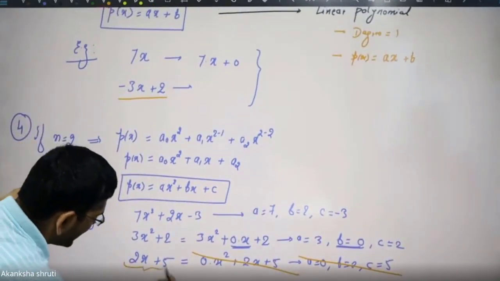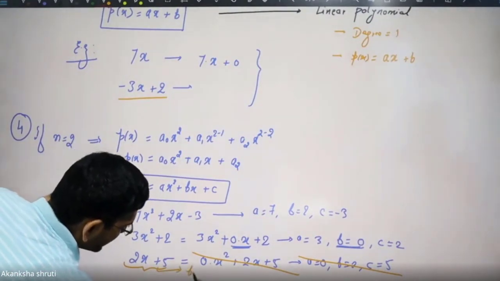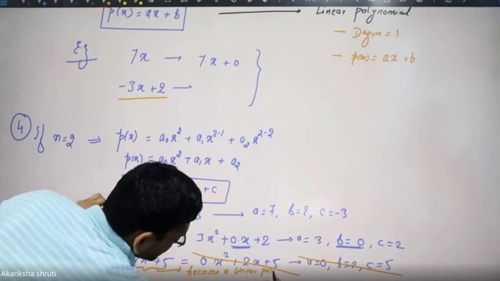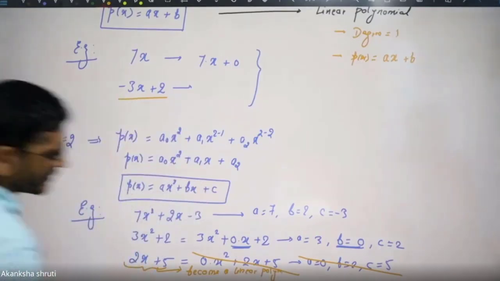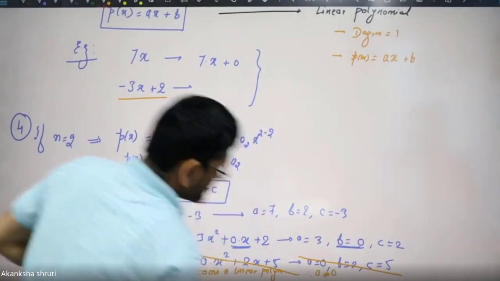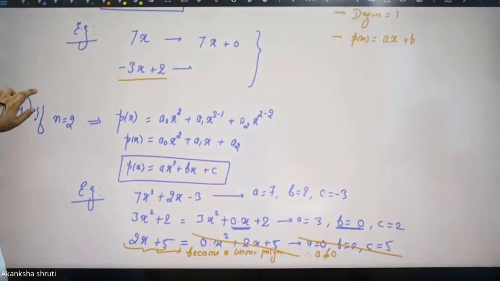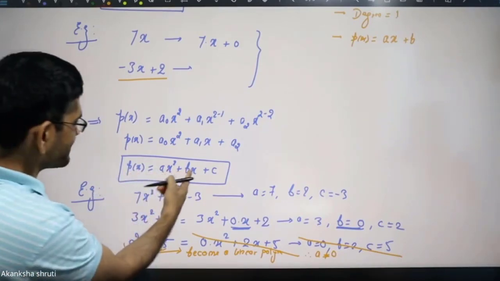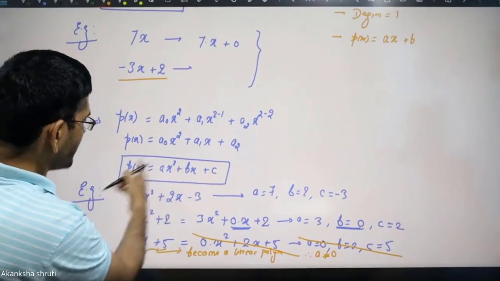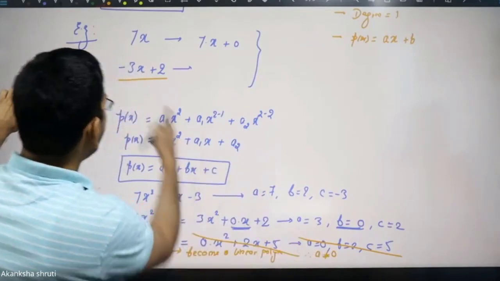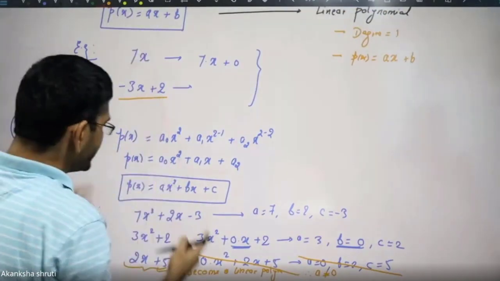Students, so keep in mind, therefore, we have to write that here a should never be 0. Keep in mind, student. It is very important. Okay. So therefore, how is our quadratic polynomial, student? Ax square plus bx plus c. This is the form of a quadratic polynomial with a cannot be 0, else it will be converted into a linear polynomial.